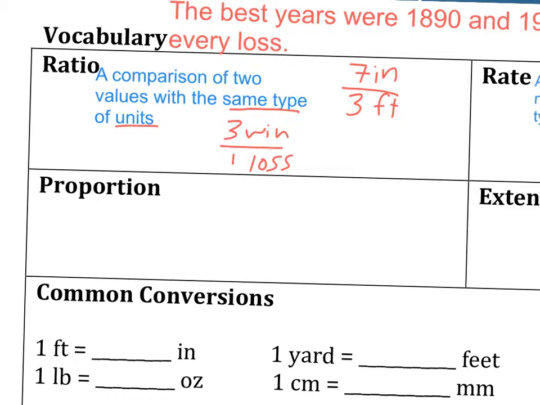A proportion is something we solve generally, and it is a ratio equals a ratio, essentially. In other words, two fractions equal to each other. So generally speaking, when we have a proportion, it looks like this, and I'm going to use these letters, A over B equals C over D. And notice that I color coordinated these.